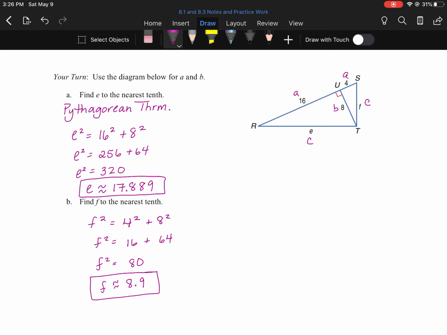All right, so you can see that I got E to be approximately 17.9 and F is approximately 8.9.